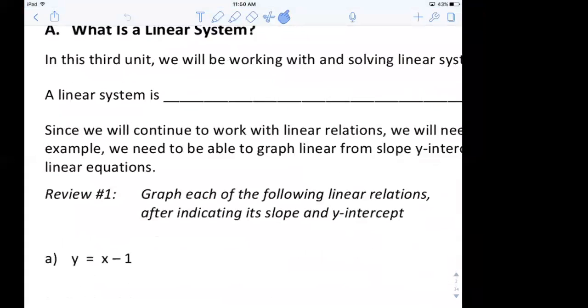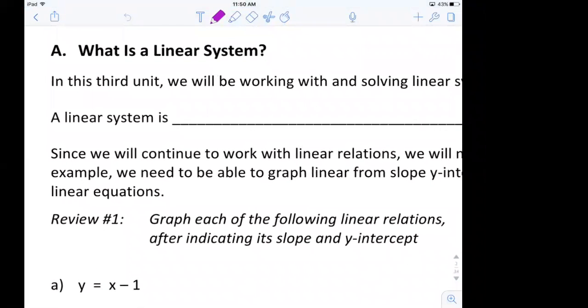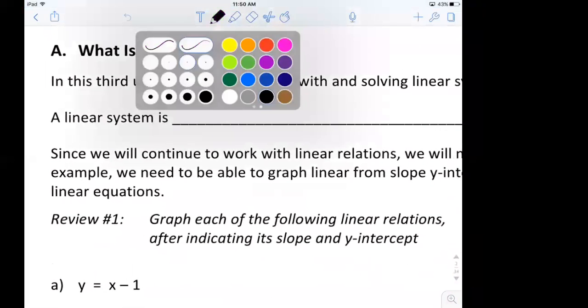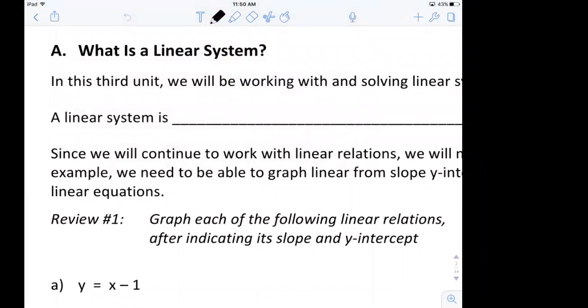So first off, if we just zoom right in here on this line here, a linear system is just a group of two or more linear equations.